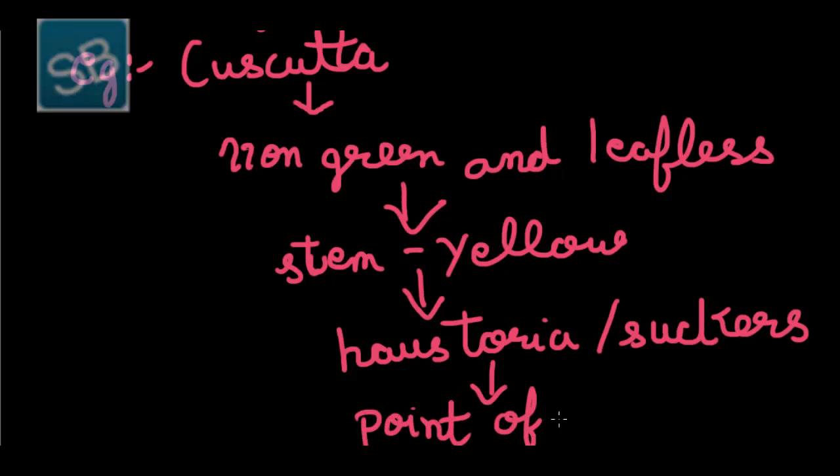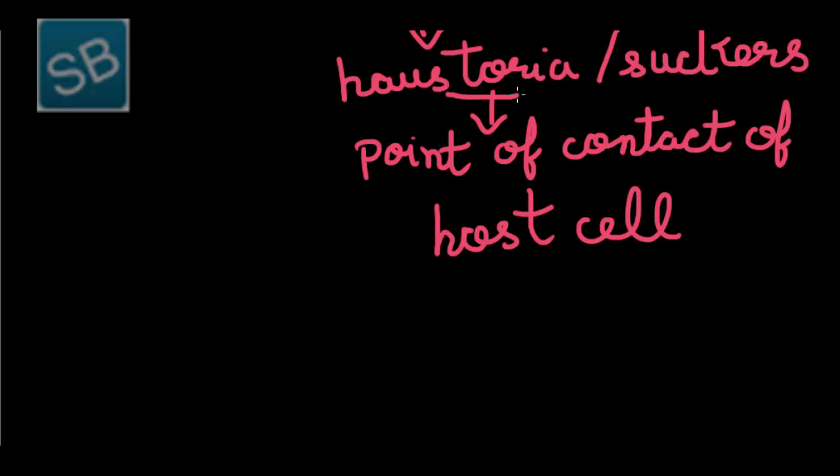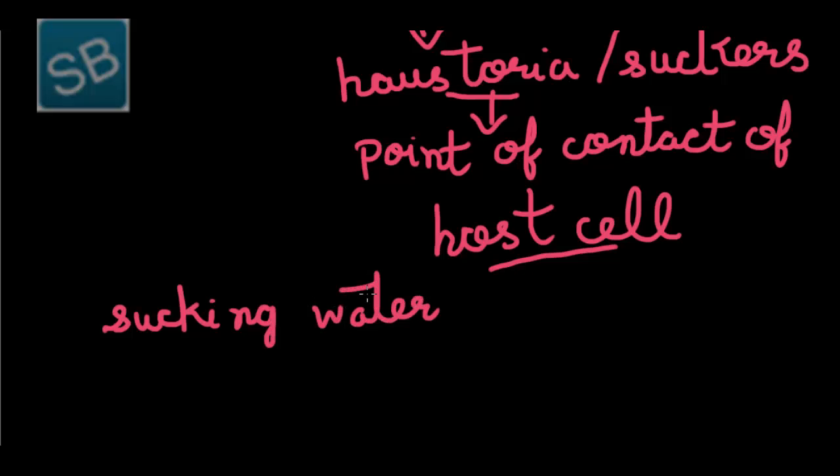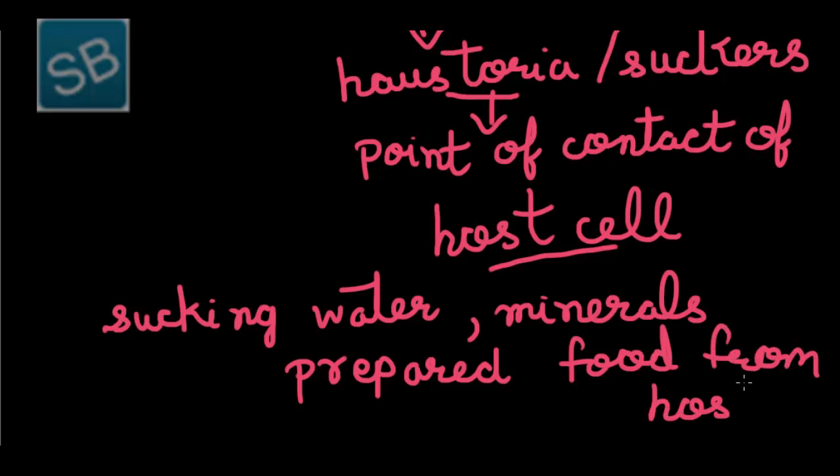Through these haustoria, it develops a direct contact between its own conducting tissues and the conducting tissues of the host, which helps in sucking water, minerals, nutrition, and prepared food from the host. Such suckers act as parasitic roots.